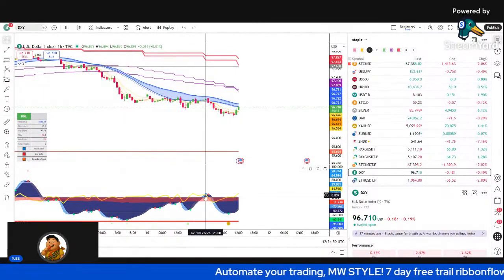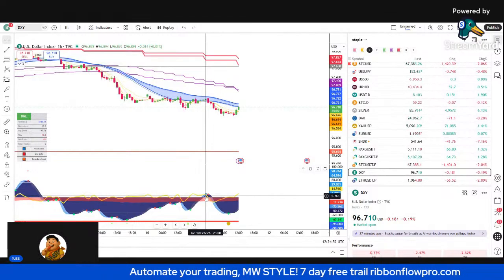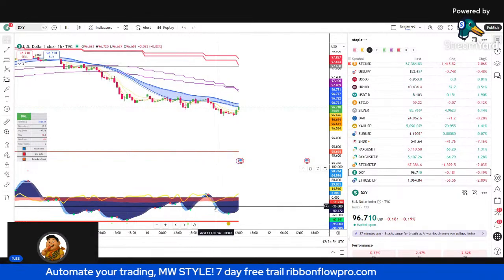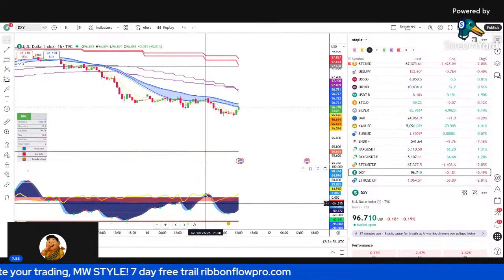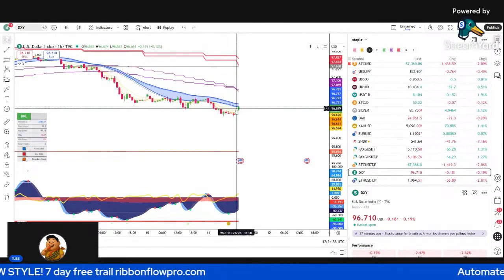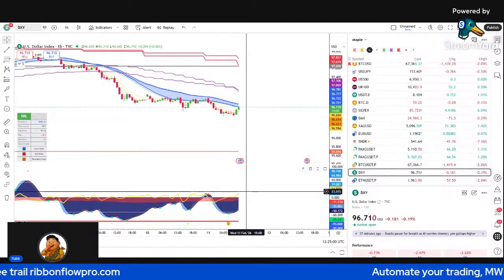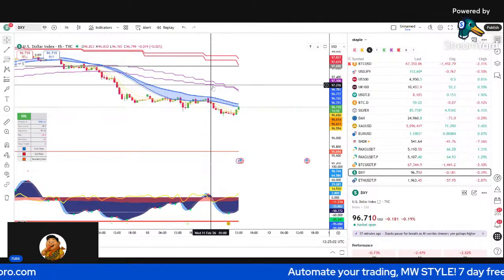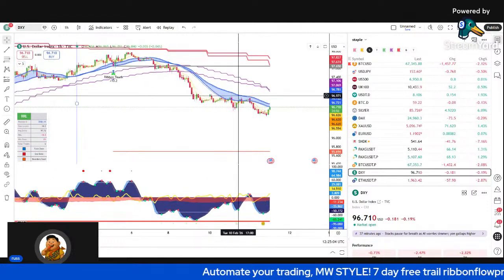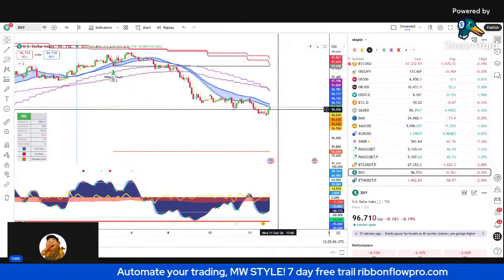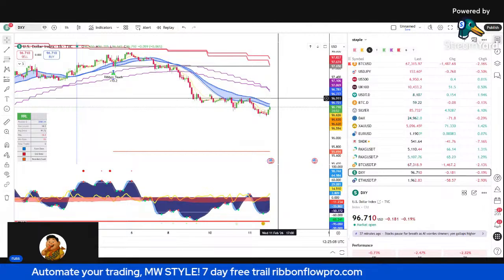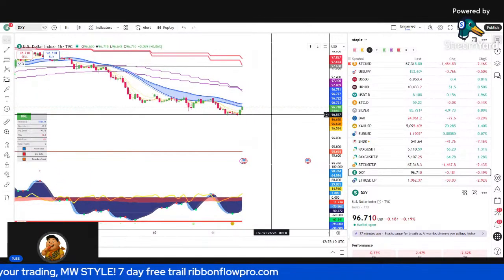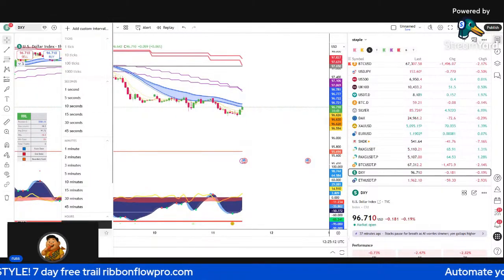Momentum was moving down, VWAP was moving down, but now VWAP's moving up and momentum is starting to go up. So the dollar could be finding a bit of strength here, but that's on a 1 hour time frame.